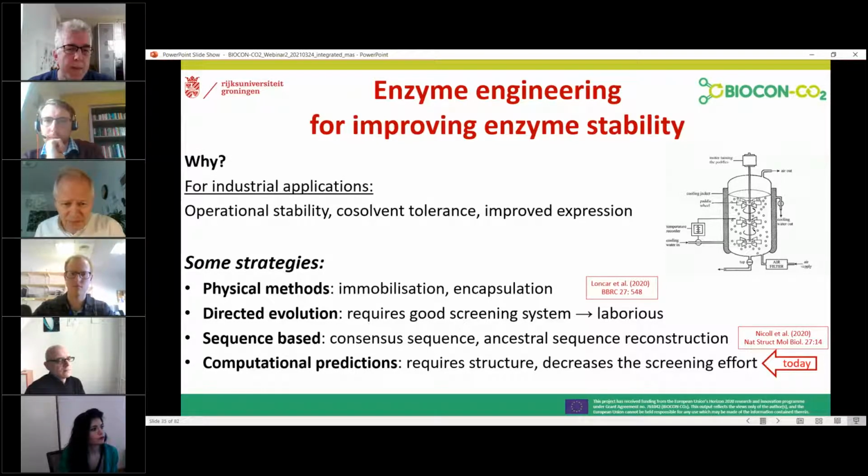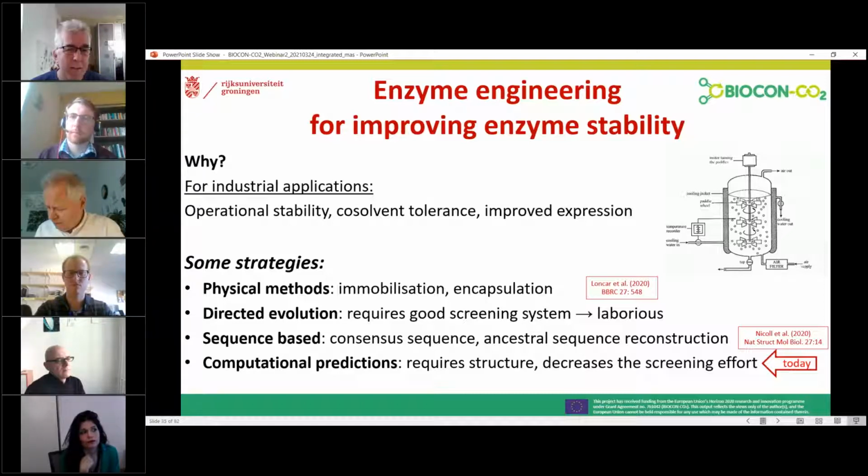And the first strategy mentioned here is related to physical methods. People have found that by, for example, immobilization, when you couple your enzyme to a carrier, to some solid material, you often find that the enzymes are more stable. That is probably partly because they are now already a little bit more like in a natural environment, surrounded by other proteins. So that's one way to go, but it's not always working for every enzyme.